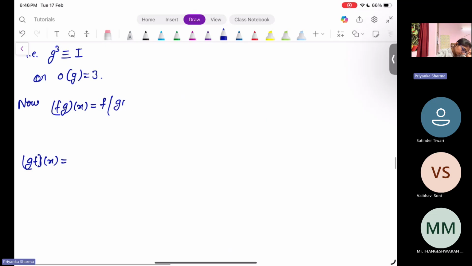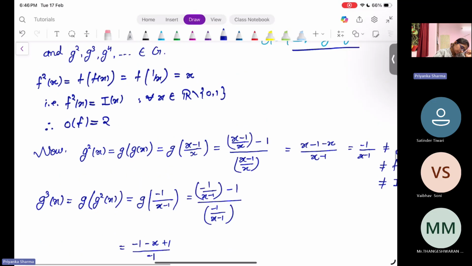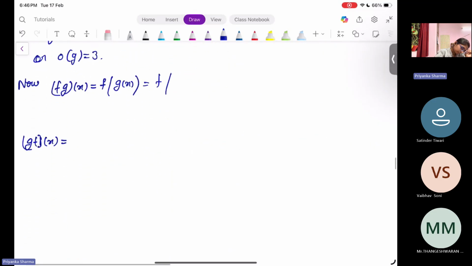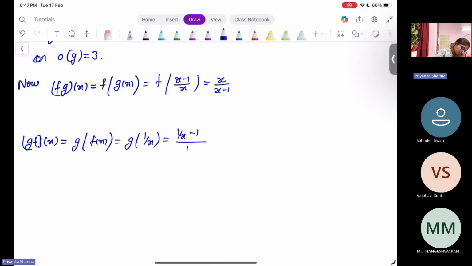So this will be F of G of x, that is F of (x minus 1 over x). So this will be x over (x minus 1). And G of F of x, so this will be G of 1 by x, that is (1 by x minus 1) over (1 by x), that is 1 minus x.